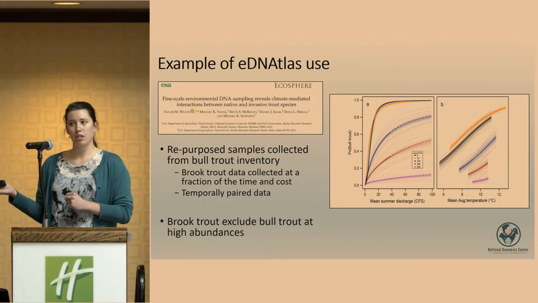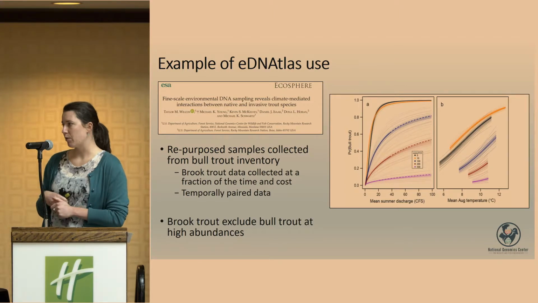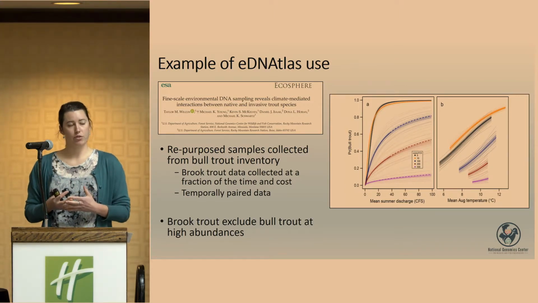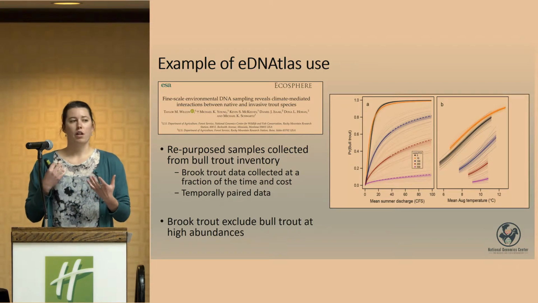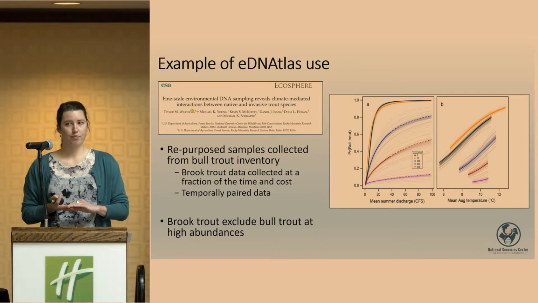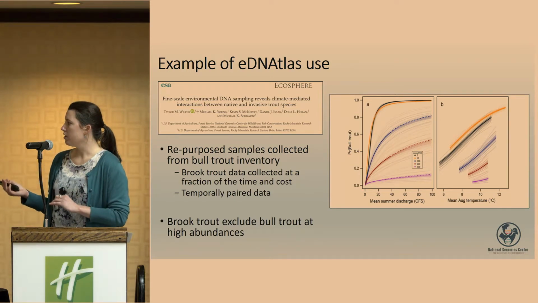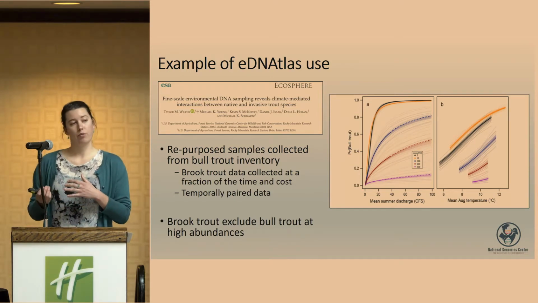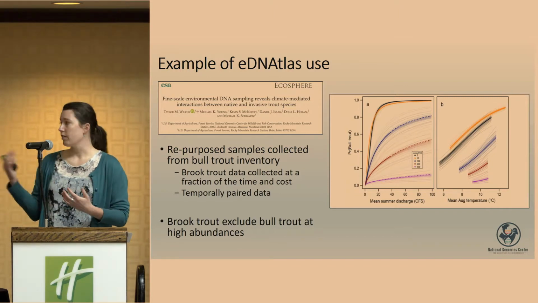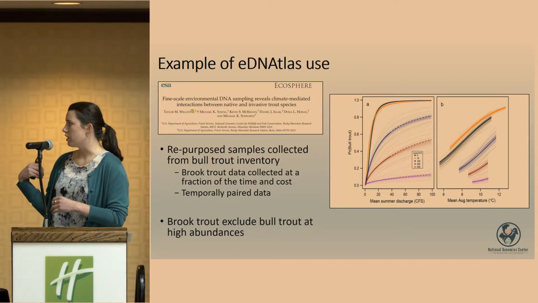So this project was published in 2016 by Wilcox et al., and they used those archive samples to look at the effect of invasive brook trout on native bull trout here in Montana. One thing they observed were brook trout excluding bull trout at high abundances. The figure on the right-hand side of the screen is showing this.